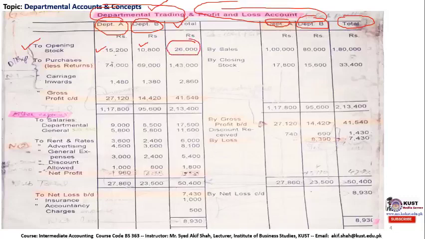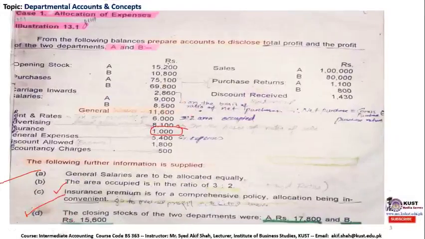Let's counter check these values. The question states that the opening stock is 15,200 and 10,800 for Department A and Department B, which has been counter checked, and this is correct.